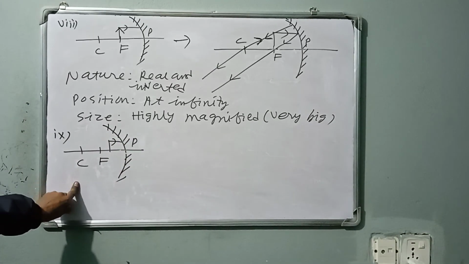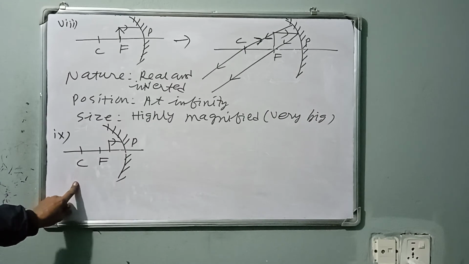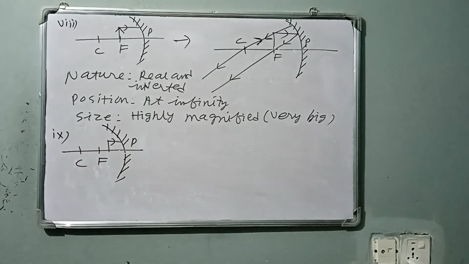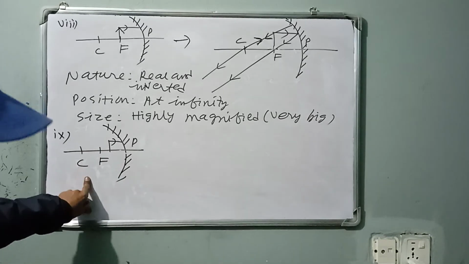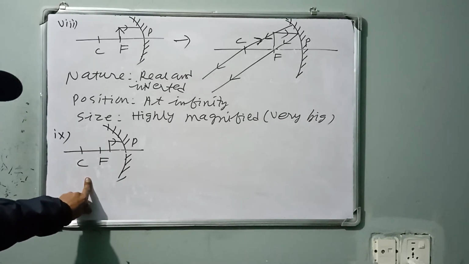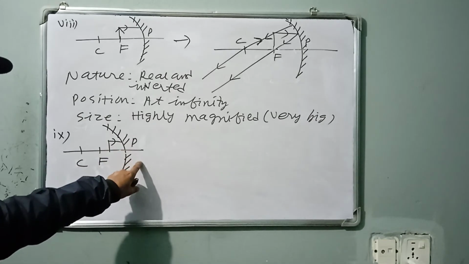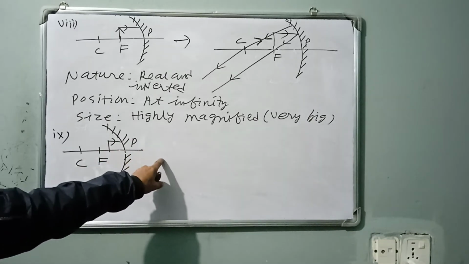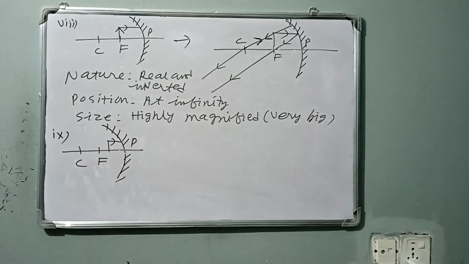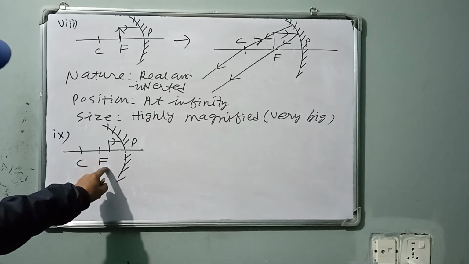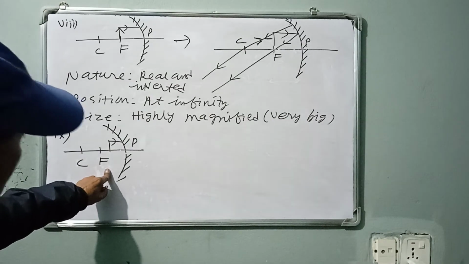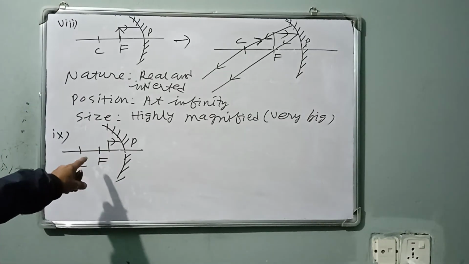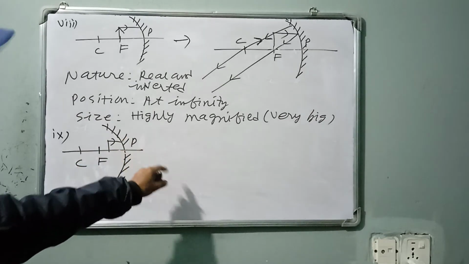You have to write down: this is a special case in which even a concave mirror forms a virtual and erect image. The question is: when does a concave mirror form a virtual and erect image? Even a concave mirror forms a virtual and erect image only when an object is placed between focus and pole.